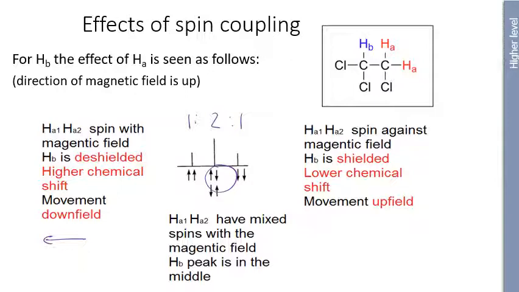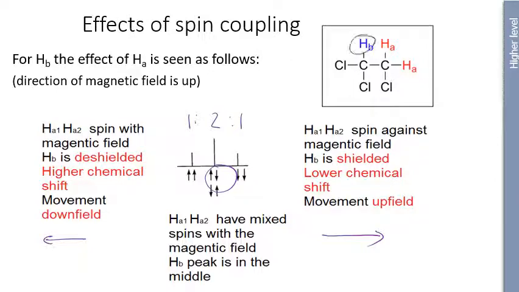Yeah. And then for HA1 and HA2 spin against the magnetic field, then HB is going to be shielded, and it's going to be moving, okay, upfield, because now you've got a lower effective magnetic field being experienced by HB.